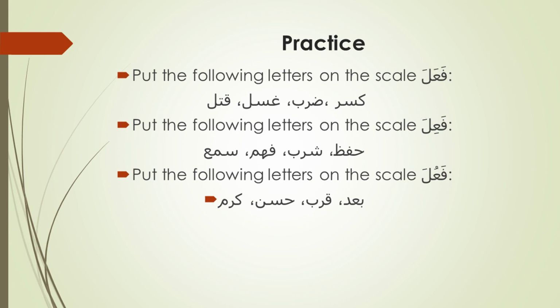So you need to do every single one of these verbs. There are four verbs for each scale, but you don't just do the he form. You have to challenge yourselves. You have to do he, they two, she, they two feminine, they feminine, and they group.